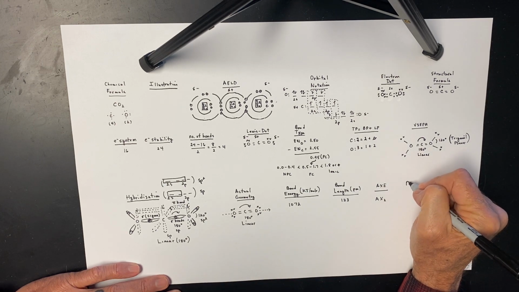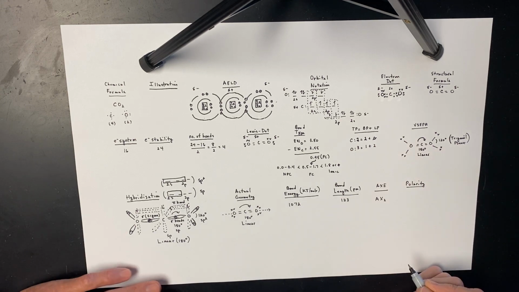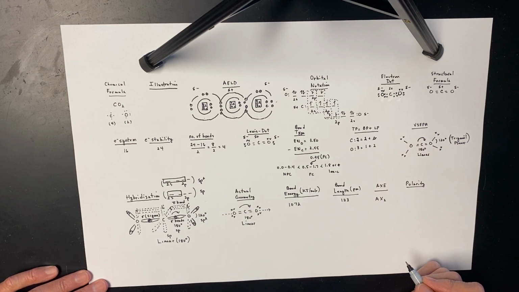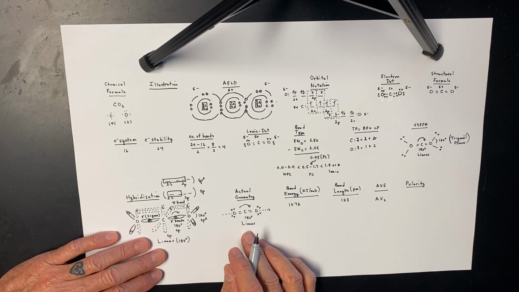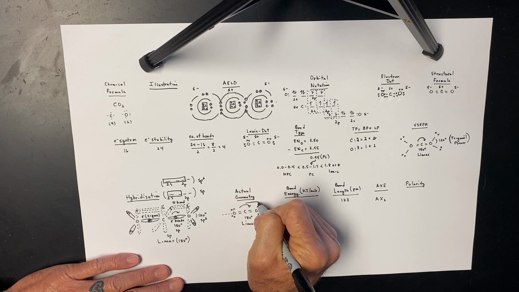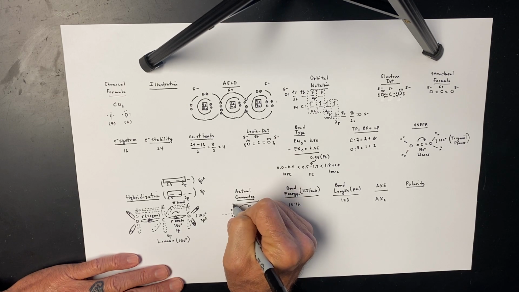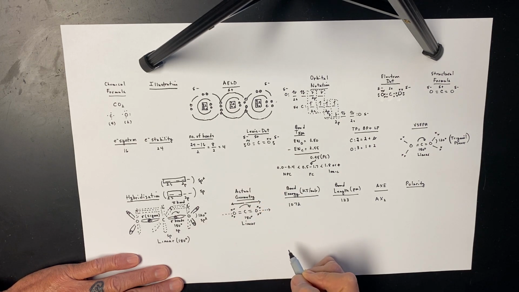And in terms of polarity, this is the take-home point. Carbon has two polar bonds, but the issue is the polar bonds are oriented in such a fashion that the direction of electron pull is equal and opposite.